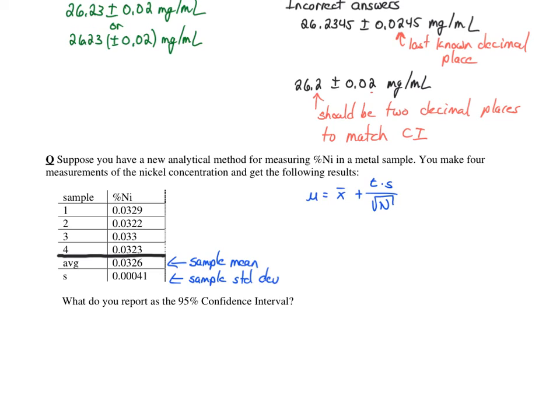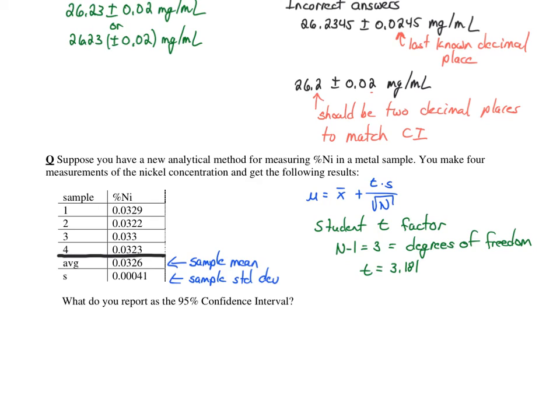We start with our sample confidence interval because we only have 4 trials, and therefore we're going to have to find our appropriate value for the student t factor. We do have the sample standard deviation, and we have our number of trials, which is 4.